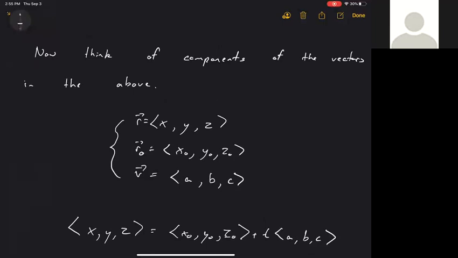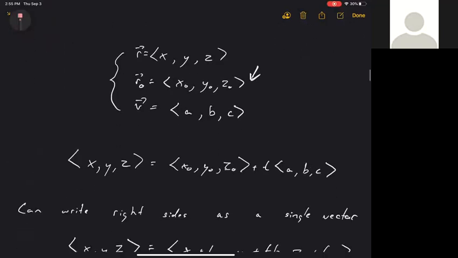Let R sub 0, that point I know is on the line, or that vector whose endpoint is on the line, be x sub 0, y sub 0, z sub 0. And then let's say I know this vector that's parallel to my line. Let's say I know its components are a, b, and c.